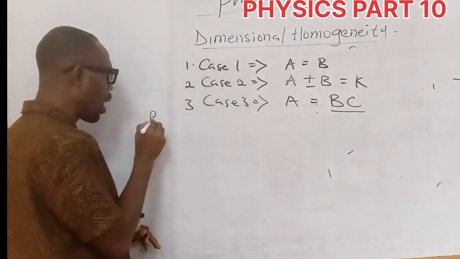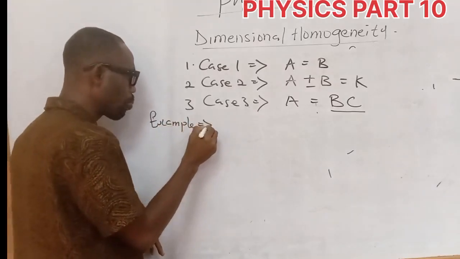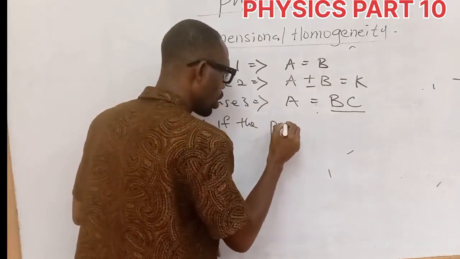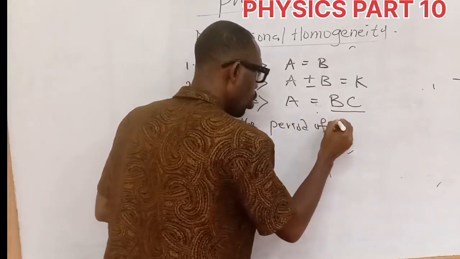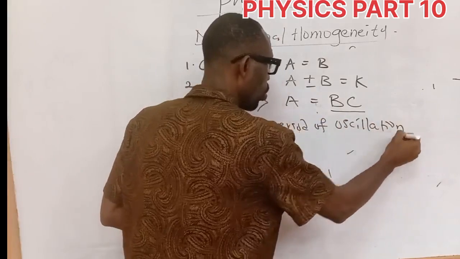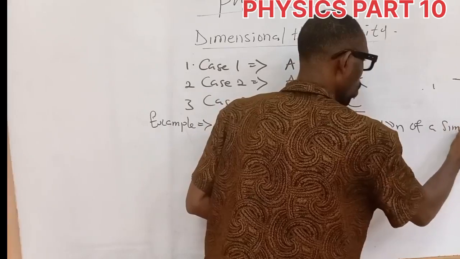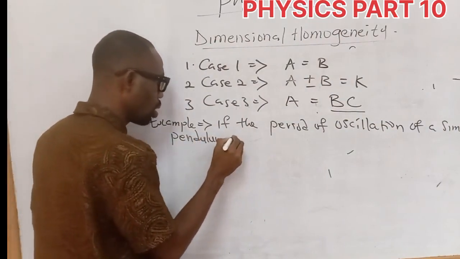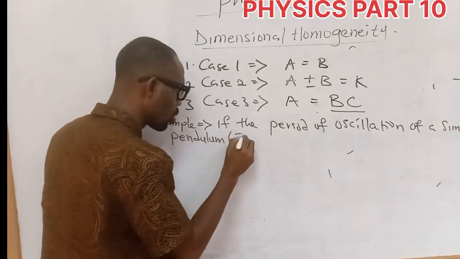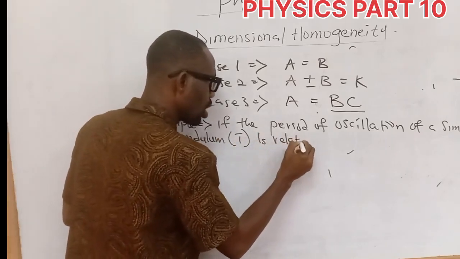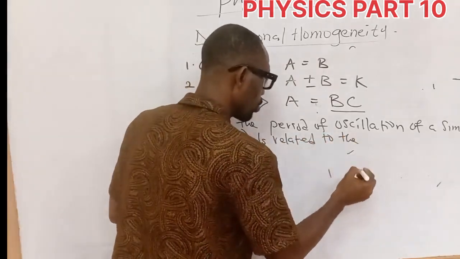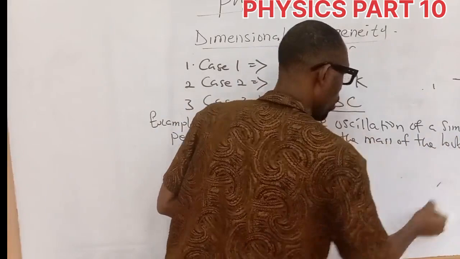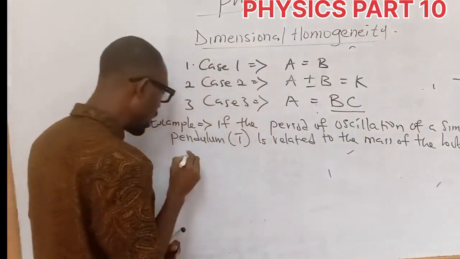For example, follow me. If the period of oscillation of a simple pendulum, the period is T, is related to the mass of the ball, you put small m here, representing mass of the ball, comma, length of the thread.